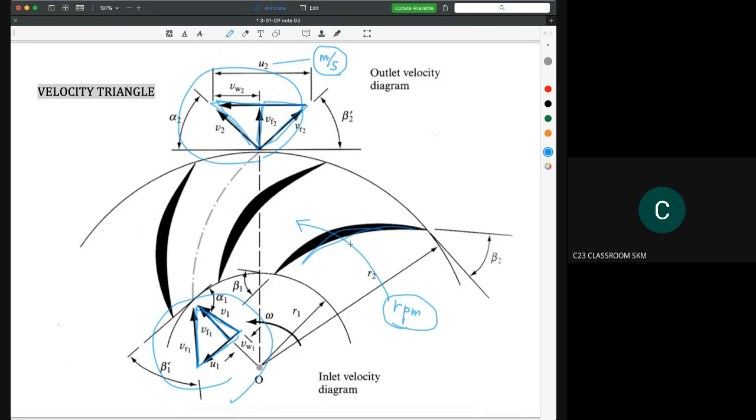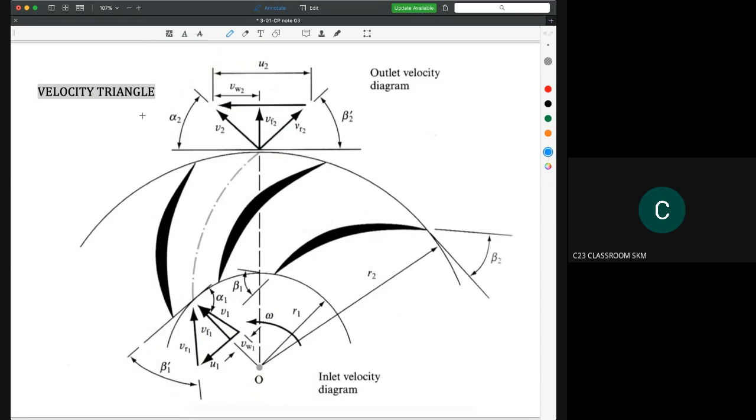However, the rotation of the blade, the rotation of the impeller, is in RPM or radian per second. So the blade rotates at rotational speed. Here this is the omega. So we go step by step to explain the velocity triangle.